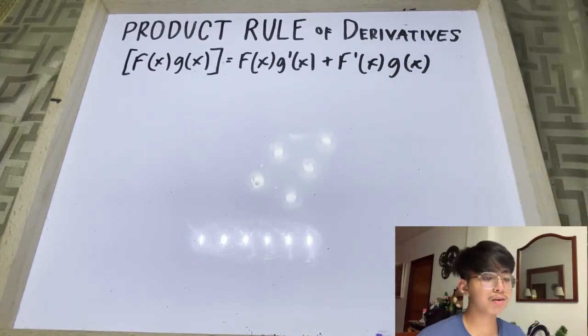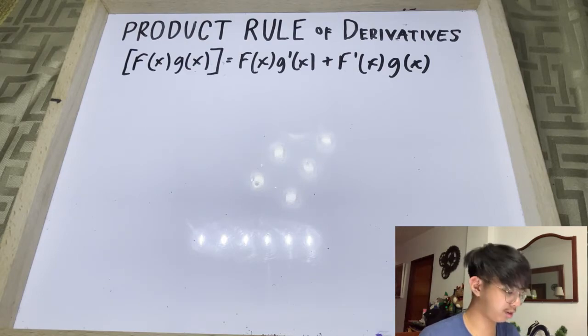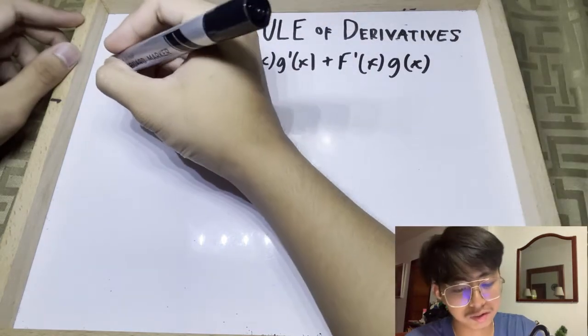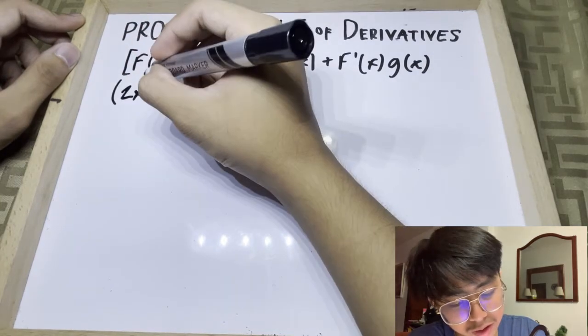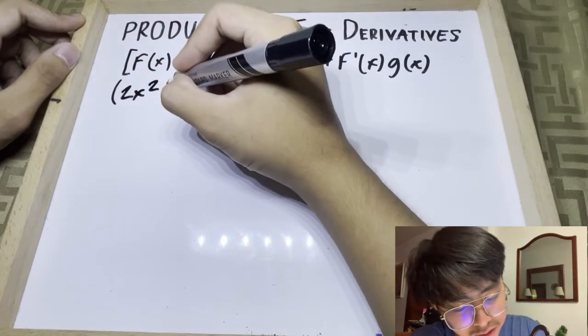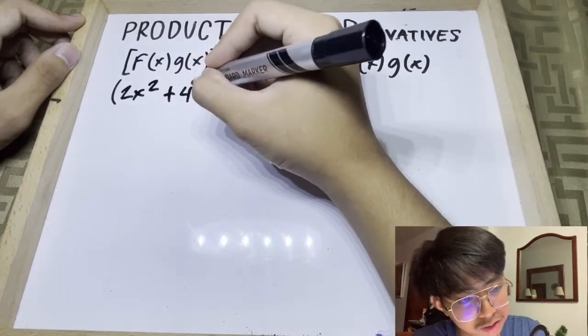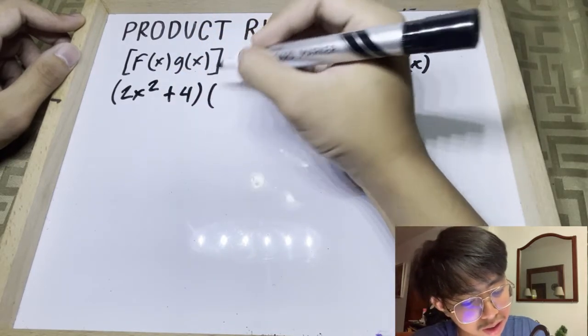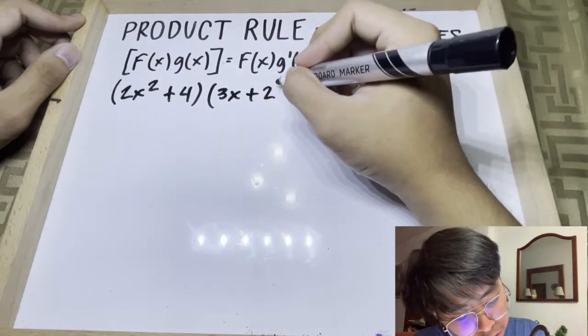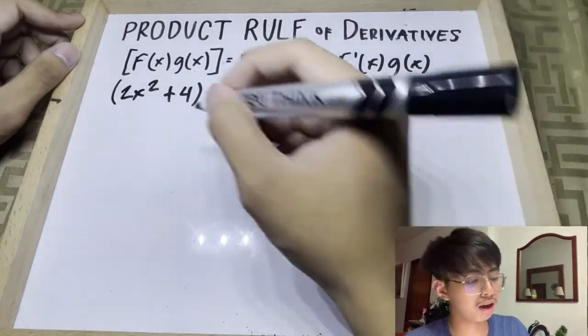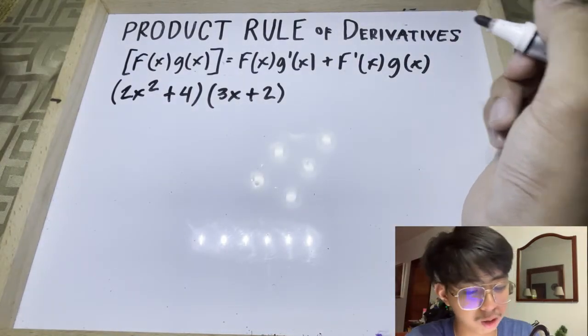Now, I'm going to give you an example of an equation that we can solve easily. This is only a basic example, so we can understand it quickly. 2x squared plus 4 times 3x plus 2. Now, I'm going to show you how we solve it.